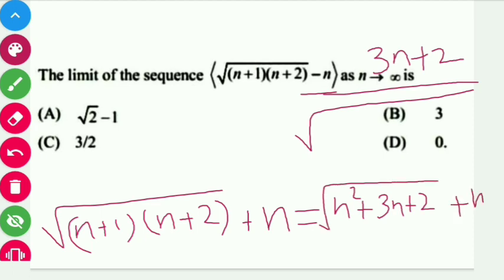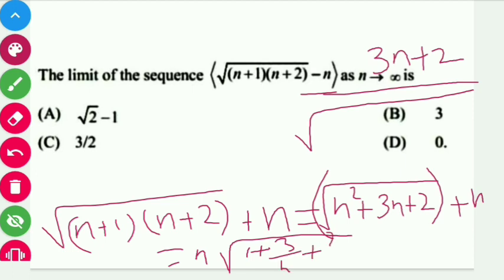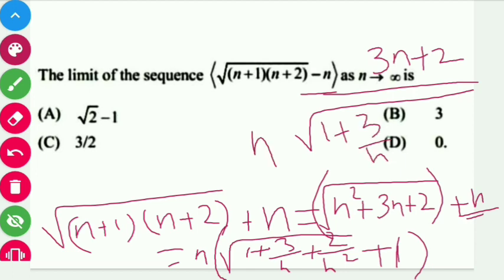Now take n common from this, so first take n square common from this bracket. So this is just equal to n into 1 plus 3 by n plus 2 by n square, and take n common. So this is n plus, from this it is just 1, right? So this is just same as n 1 plus 3 by n plus 2 by n square, and this is plus 1.